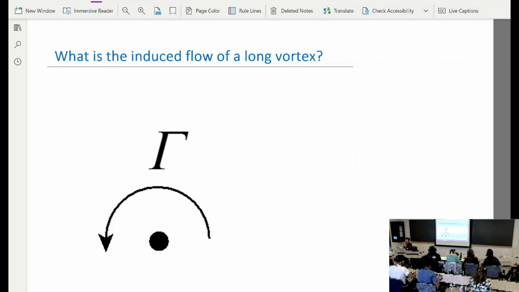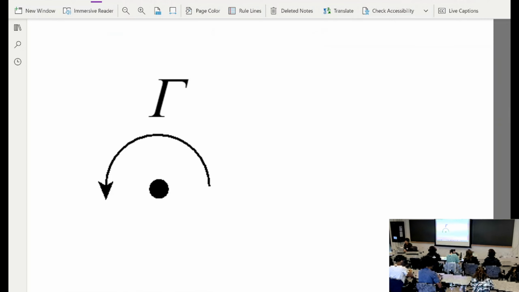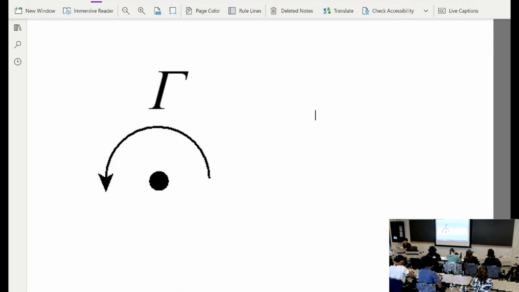And for the induced flow, we are first going to describe the most simple scenario of the flow induced by a vortex. This is a scenario where we have an infinitely long vortex that's aligned with a certain axis. It doesn't matter which axis it is aligned with, but let's say this is aligned with the z-axis.